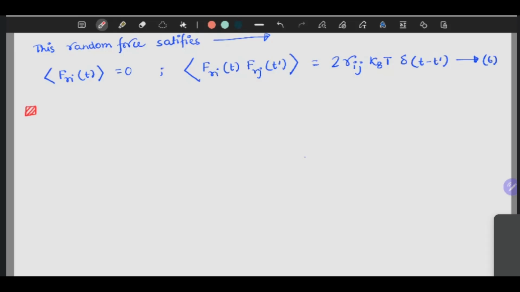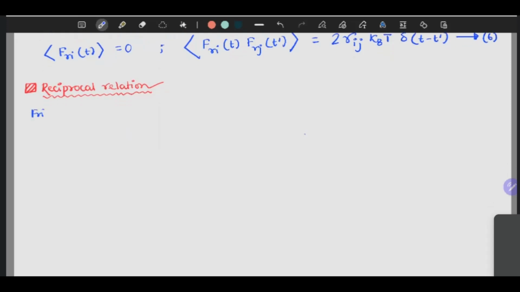Okay, now the reciprocal relation. Now this friction coefficient have some following properties.